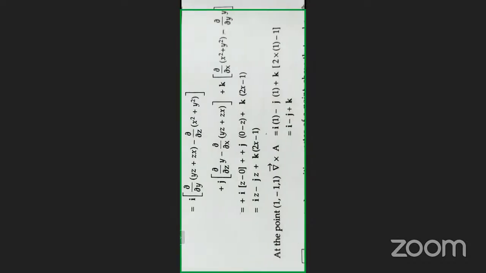See, dou by dou z of x square plus y square. And dou y by dou y is 1, and with respect to dou by dou x. The i term, j term and k term. So for the i term, dou by dou y of yz plus zx. This is cross multiplication.